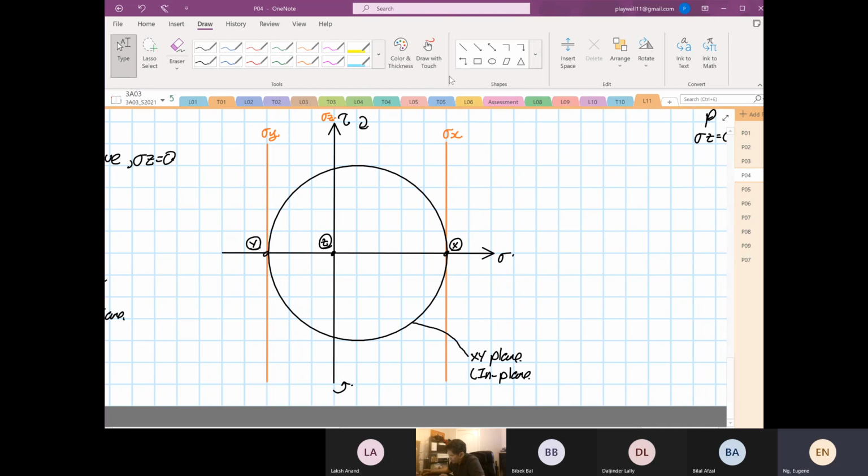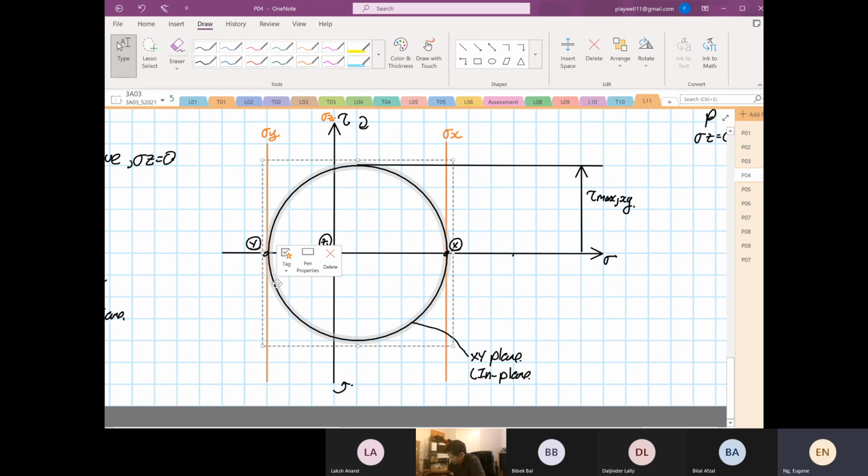Then again, I want to highlight the in-plane. Relative to our 0 line over here in normal stress, this is our tau max XY.